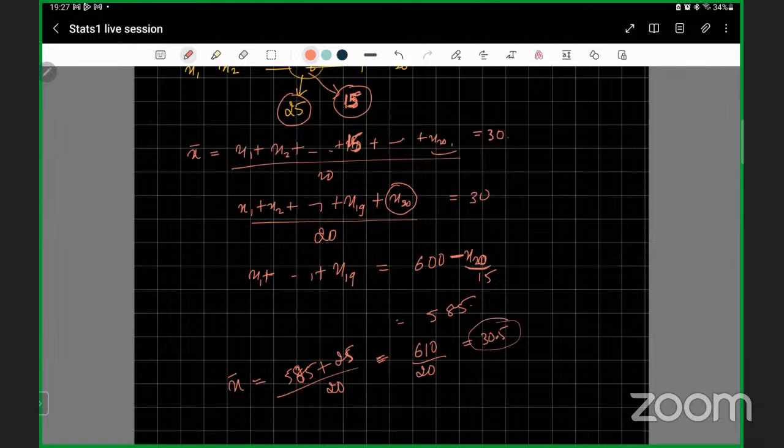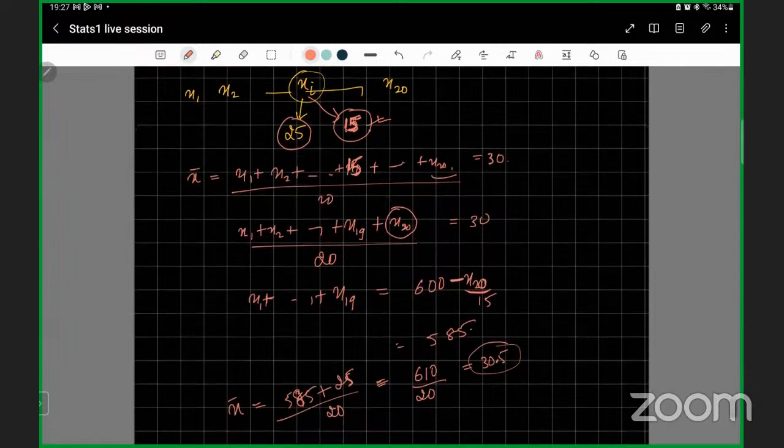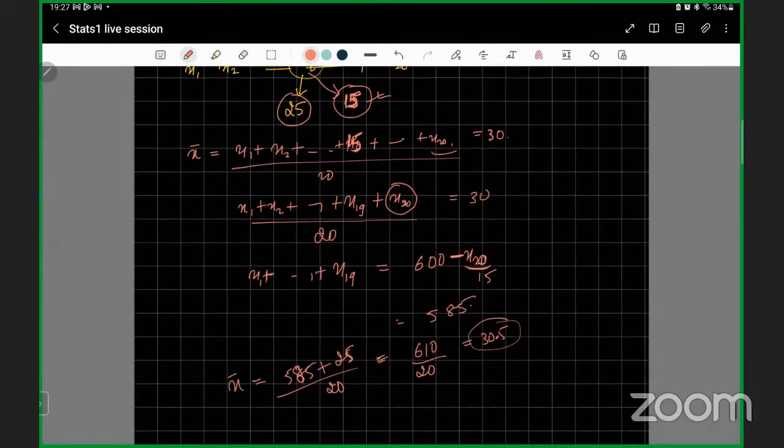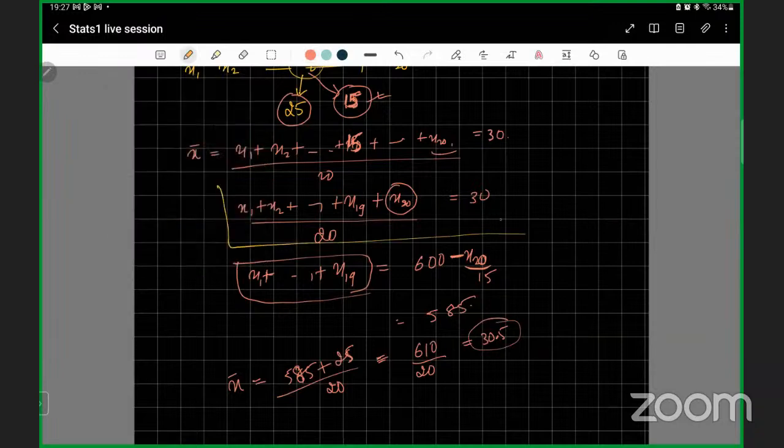Ma'am, from the last step, I have not understood from where you have written 15. As you saw, this 15 was the wrong value. Using this wrong value 15, I am going to find the sum of x1 to x19. Using this formula of sample mean, you got x1 plus x2 plus up to x19 to be 600 minus x20.